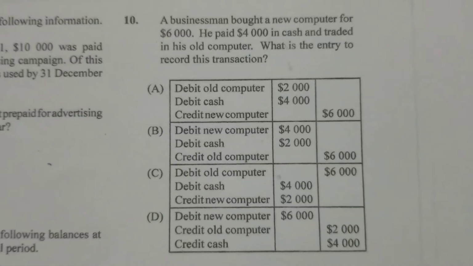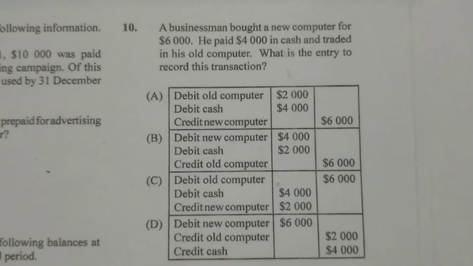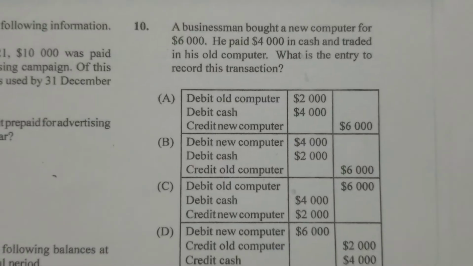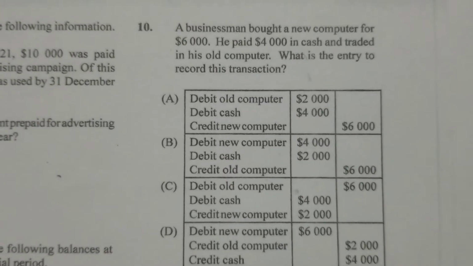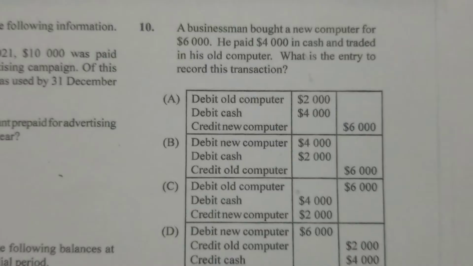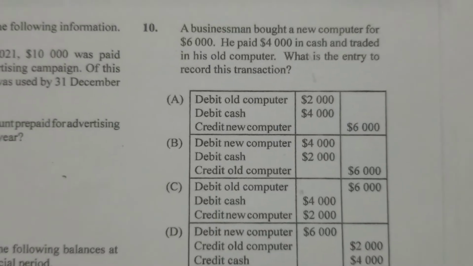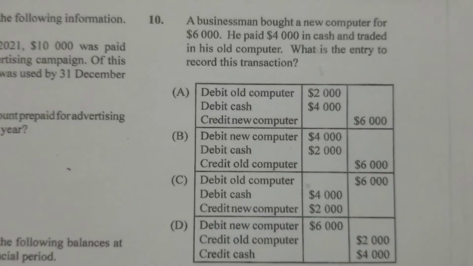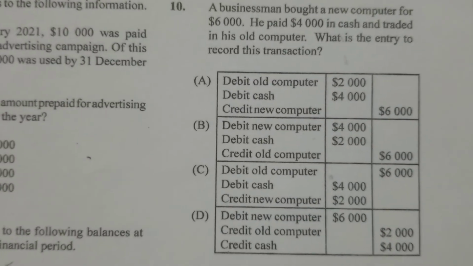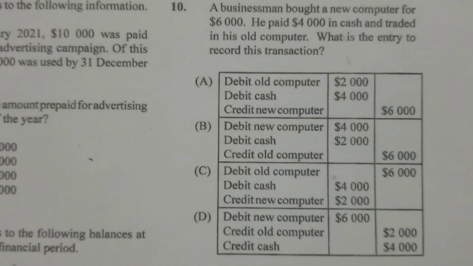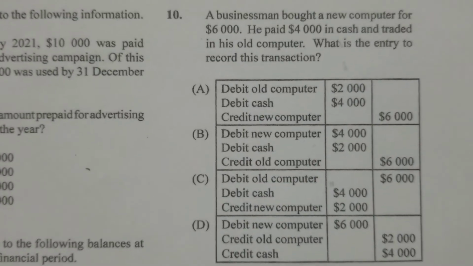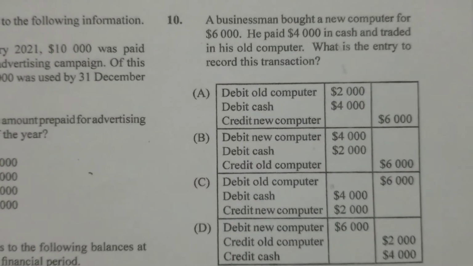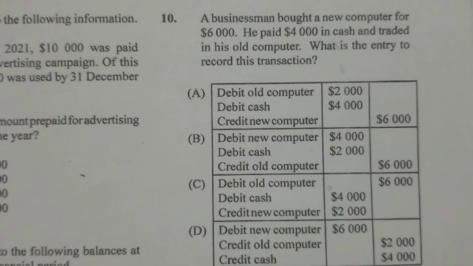All right. Question 10. A businessman bought a new computer for $6,000. He paid $4,000 in cash and traded in his old computer. What is the entry to be recorded in this transaction?